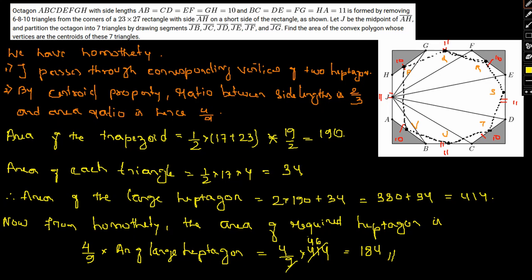Subsequently we found the area by the properties of homothety, by which we initially came up with the ratio of the sides, followed by the ratio of the areas, which is always equal to the square of the ratio of the sides. Then we divided the entire area into trapezoids and a triangle, and figured out the area of the same.